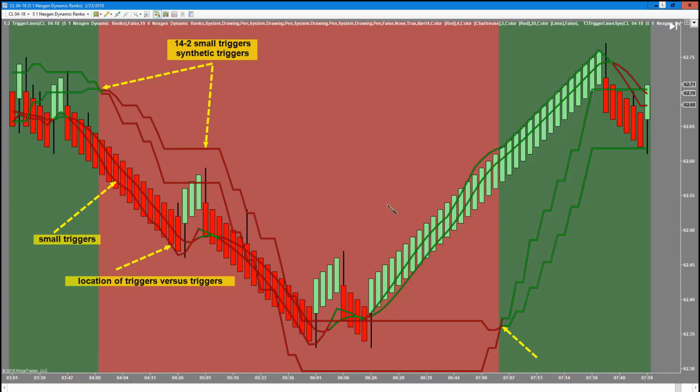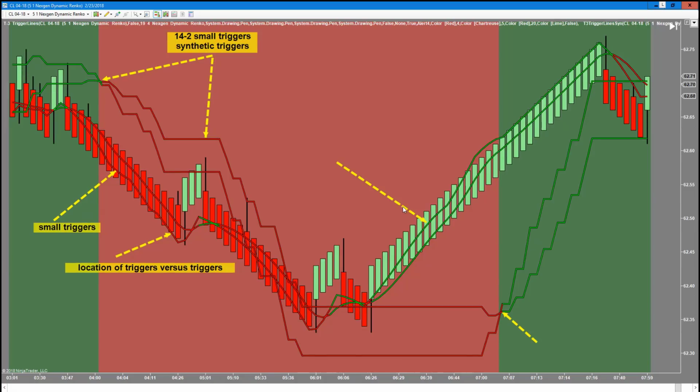Once our small triggers get on the opposite side of our synthetic triggers, we can still do shorts if the conditions are right, but if they're not right, or say, for example, we came from Fibonacci support, then we would no longer do short trades, even though the triggers are on the wrong side.